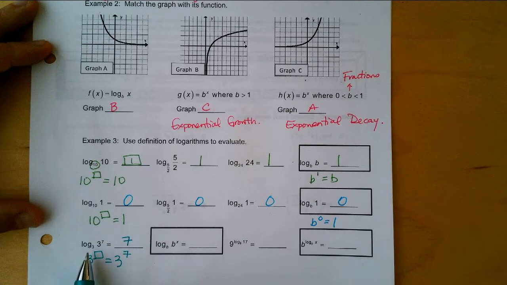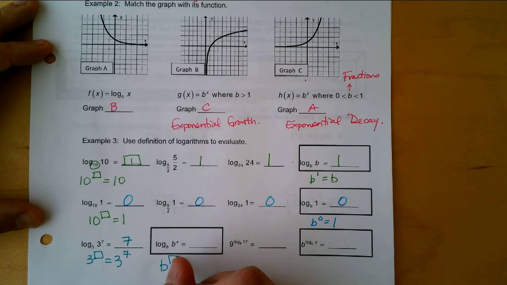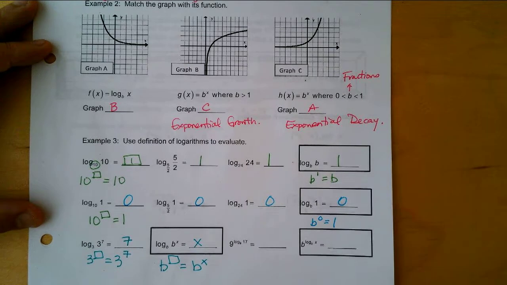So you can almost think about log base 3 and 3 as inverses of each other, 3 to the power of, right? So the log base 3 undoes the 3, giving us the exponent left. So here, if we say base to what power equals base to the x power, always these are going to undo each other, leaving x.